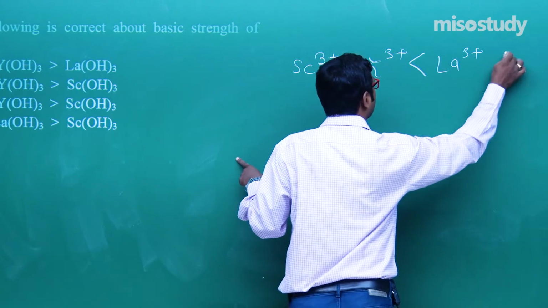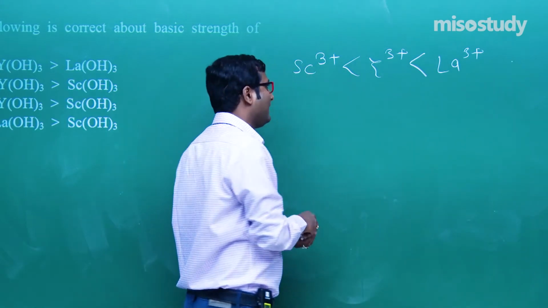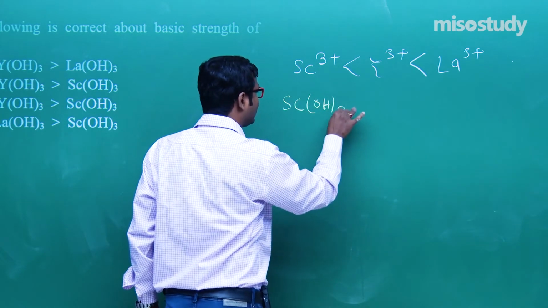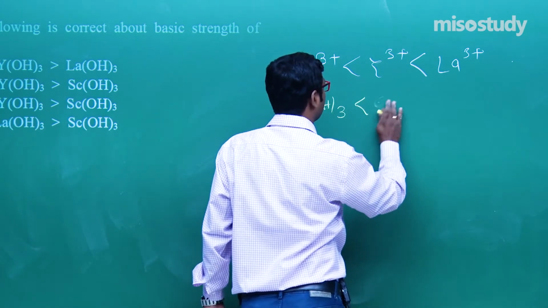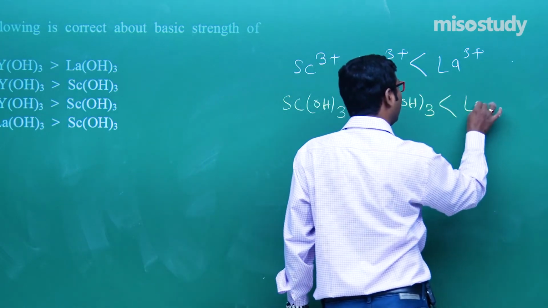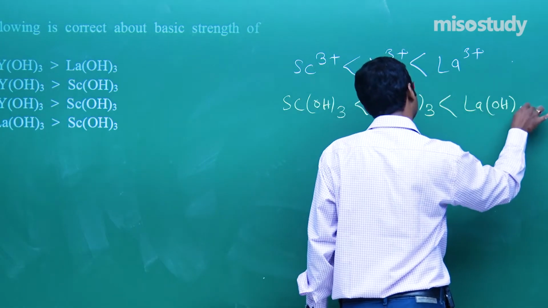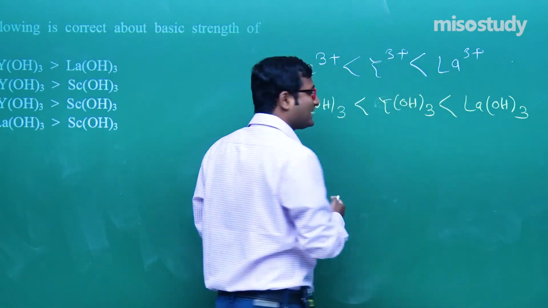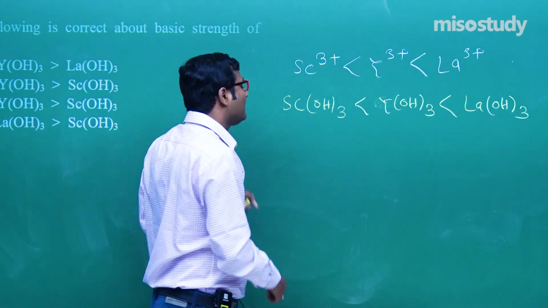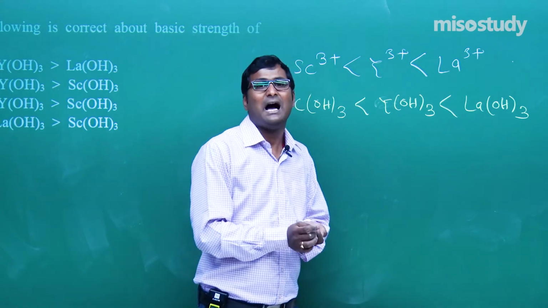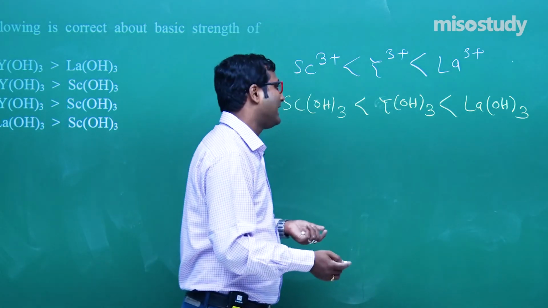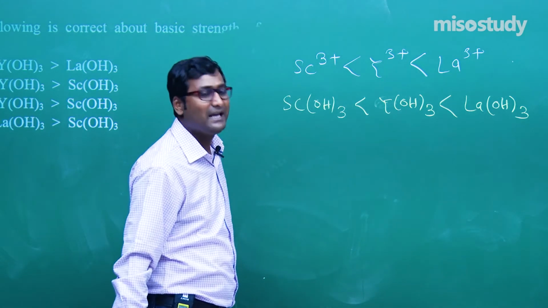This is the order of size, and this is the order of ionic character, Sc(OH)3, Y(OH)3 and La(OH)3. So what is the basic strength character? It is very simple. As we know, if size increases, we relate it with ionic character and metallic character also, and in this case basic strength increases.